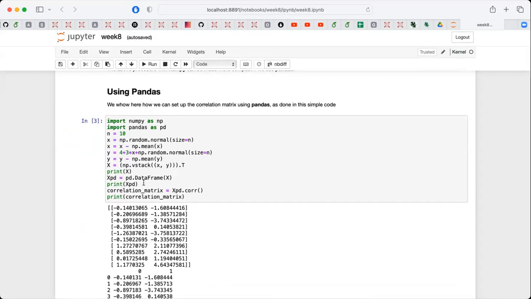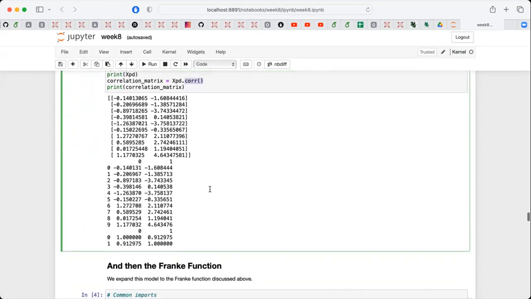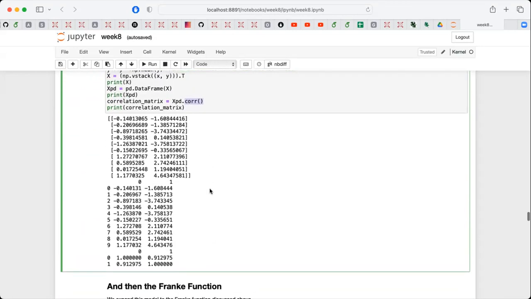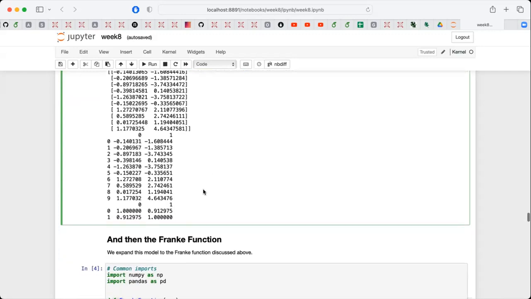And then I simply calculate my correlation matrix by using pandas, which has a functionality called corr. You can see what the matrix looks like, and then I just print it out here. This is the final correlation matrix. And again, you see that it's 1 along the diagonals, and then you have a symmetric matrix.